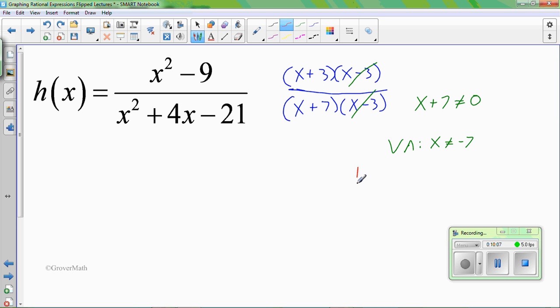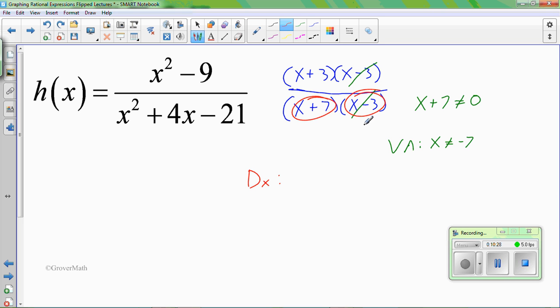Now your domain still uses this term here. See, there's two numbers down here. If x is -7, obviously this would be 0, and that's what we found here, and that's a vertical asymptote.